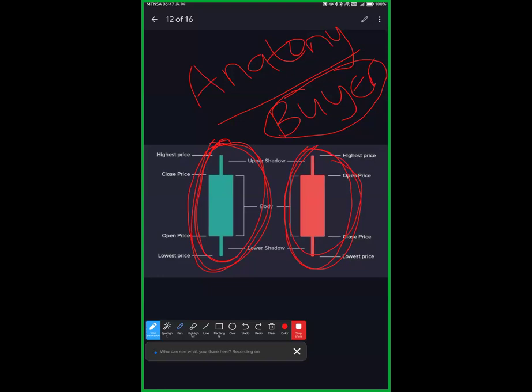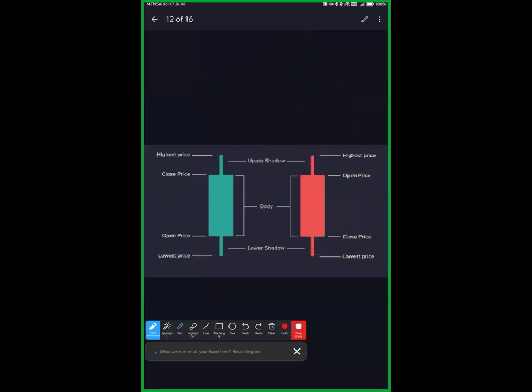Now, when you are looking at buyers, these are market movers that move the price from the bottom to the top. Buyers are market participants who move price. Their duty is to push price from the lowest point to the highest point.